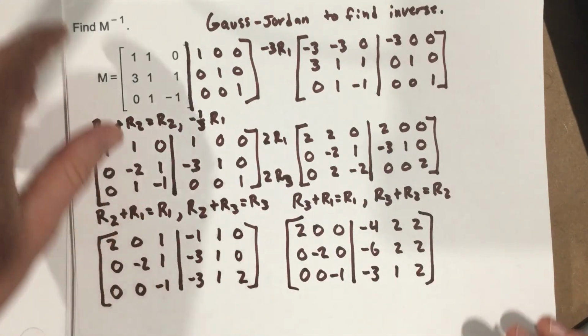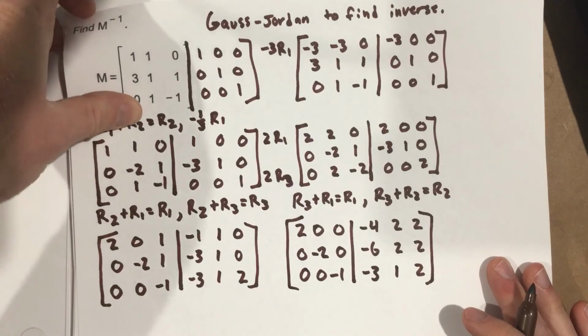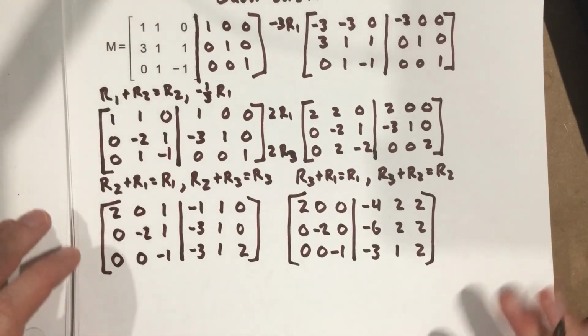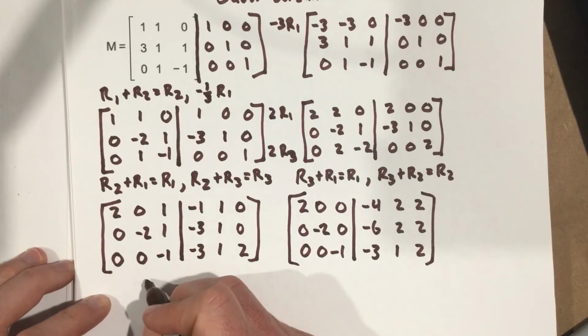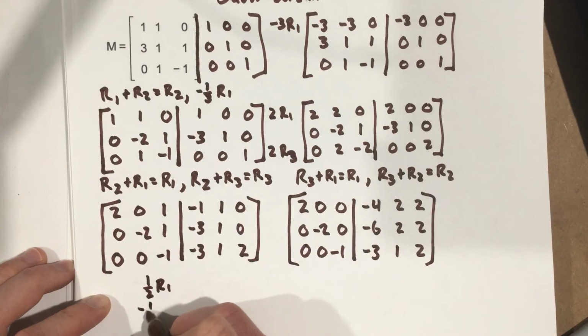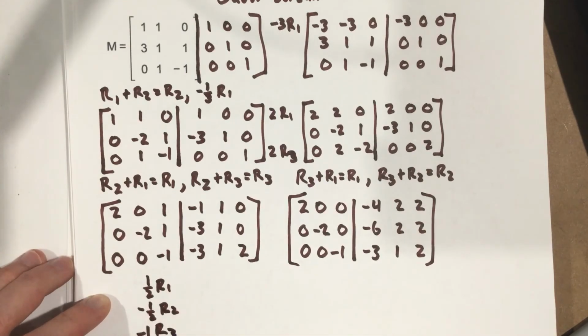So we have one last step to do. Last step, we're going to do 1/2 row 1, -1/2 row 2, and -1 row 3. Do them all at the same time.